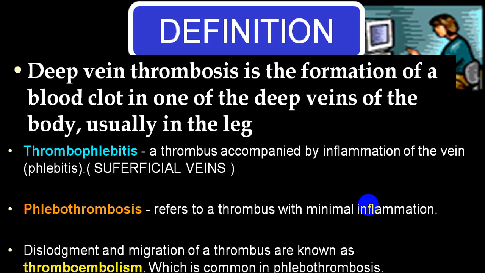And thromboembolism is dislodgement and migration of a thrombus, or part of a thrombus, into the distal circulation. That is called thromboembolism. And if it is from phlebothrombosis, then it is inflammatory material which can be there.